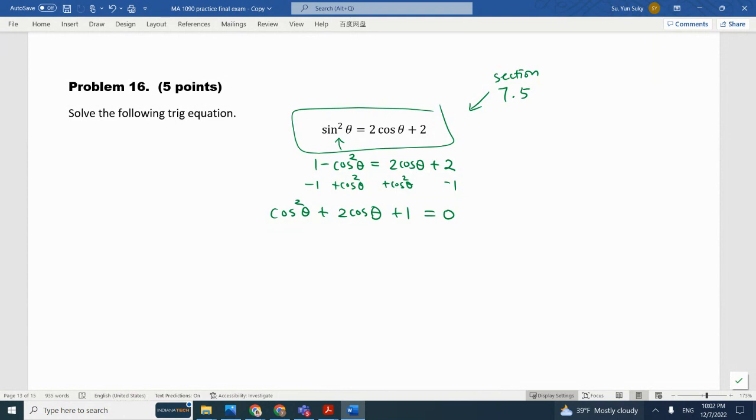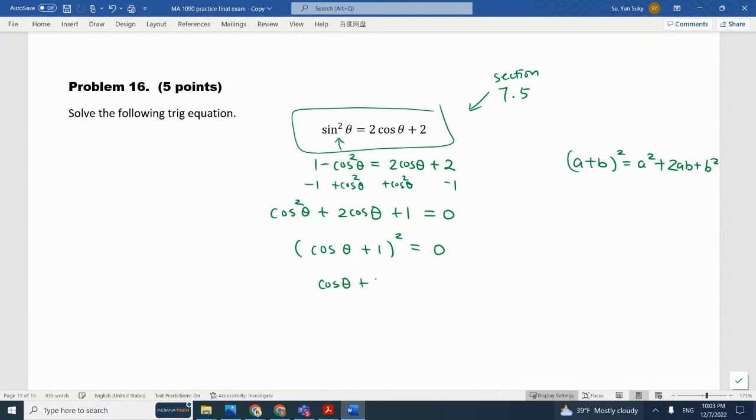And in this case, if you can recognize, this is actually a perfect square. Because (a plus b) squared is a squared plus 2ab plus b squared. So this is like a squared plus 2a plus b squared. b is 1. Yeah, therefore this is a perfect square.